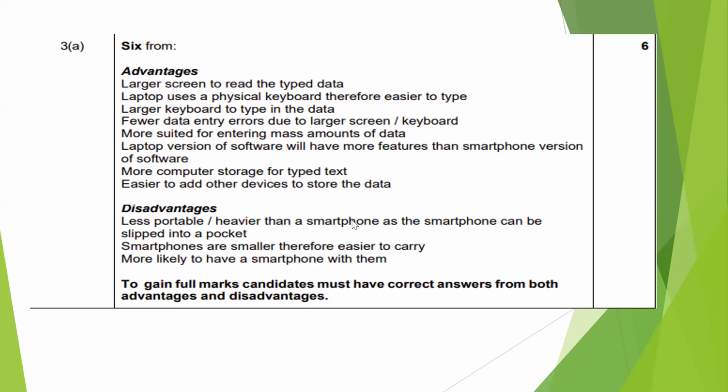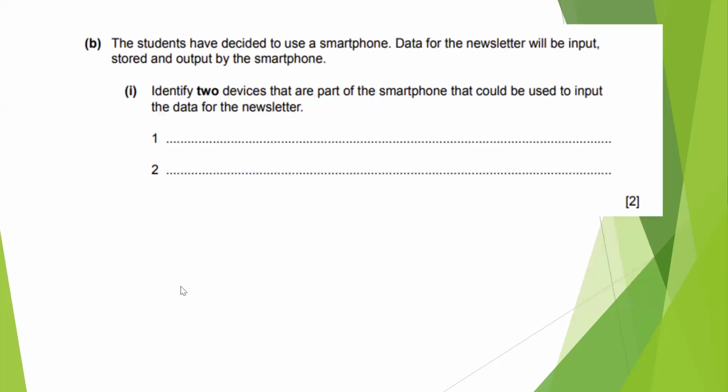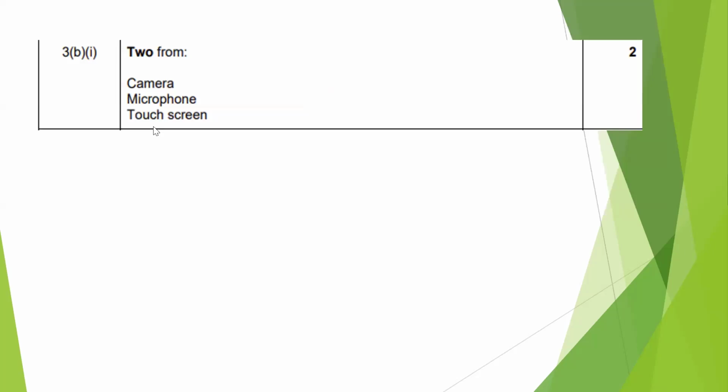Now see this one. Two devices that are part of this smartphone that could be used to input the data for the newsletter. A touch screen, camera, microphone, and touch screen.